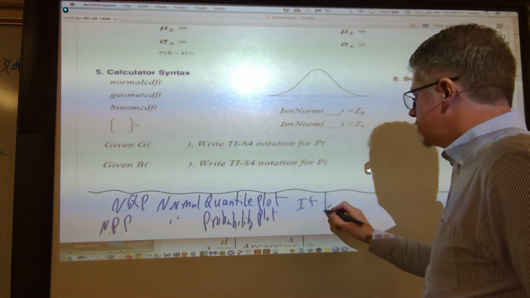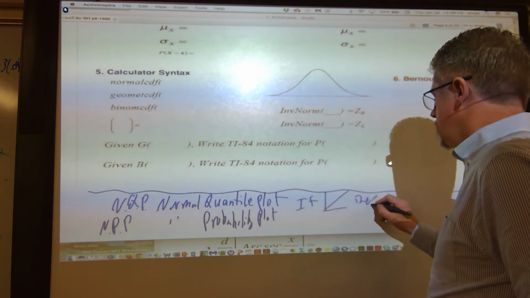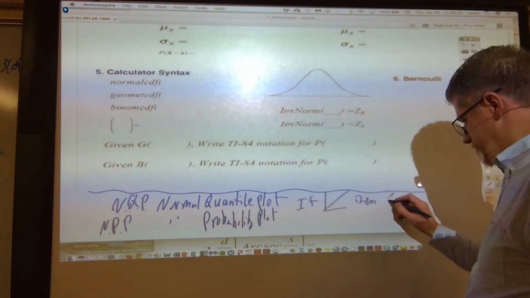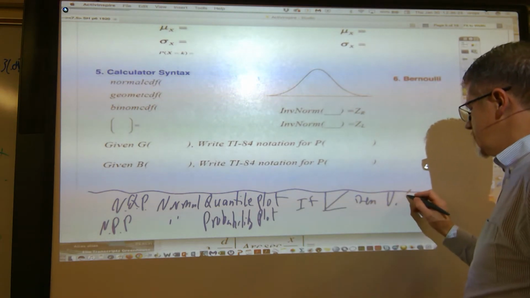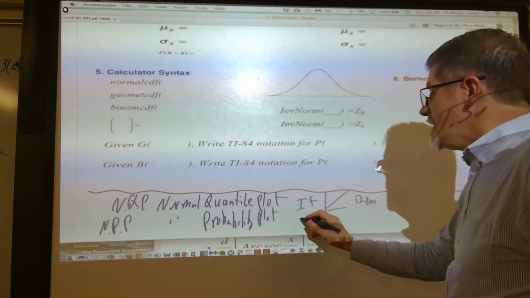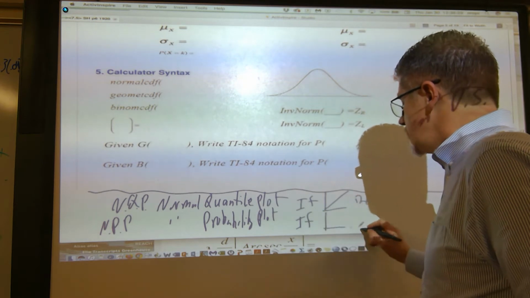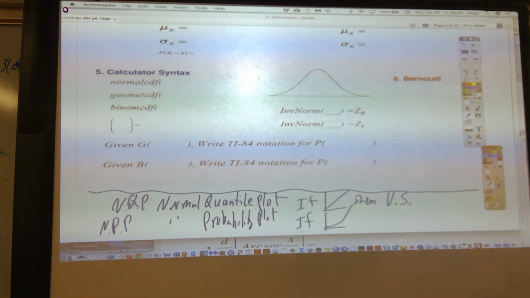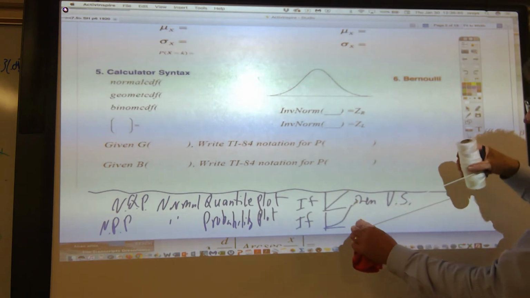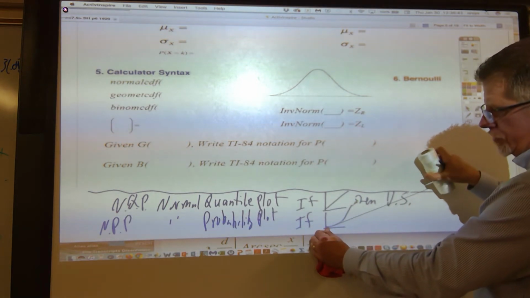if the normal probability plot is straight, then the underlying distribution from which this plot was constructed is unimodal and symmetric. If the normal quantile plot looks like this, if it has that kind of a curve into it, then you can take some string and put the string at the beginning of the plot and just spread it out.